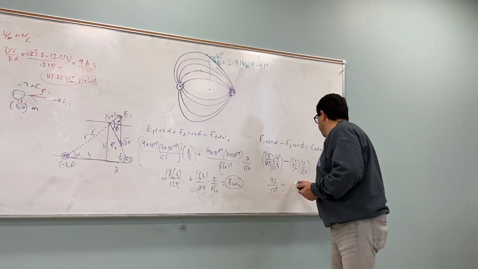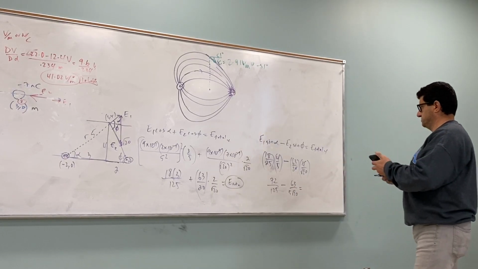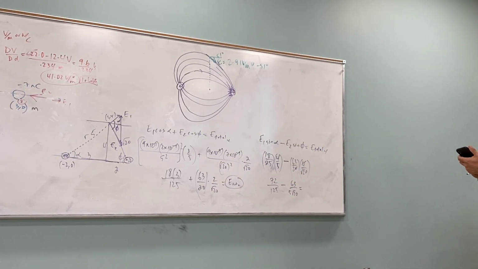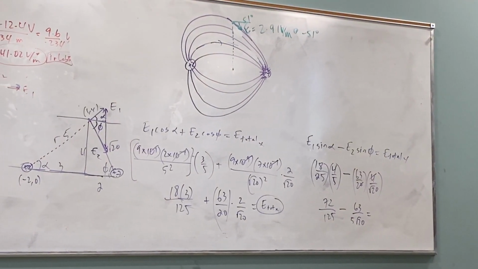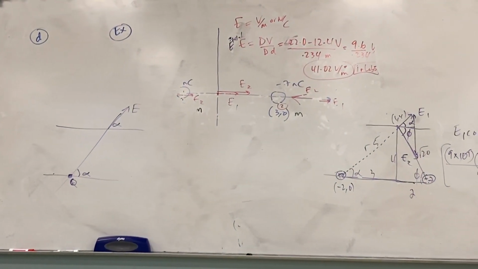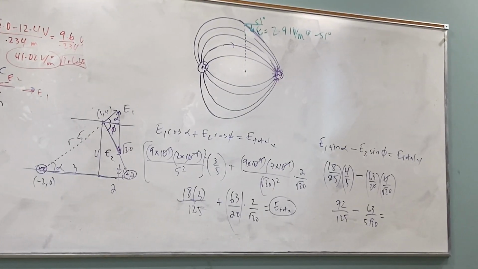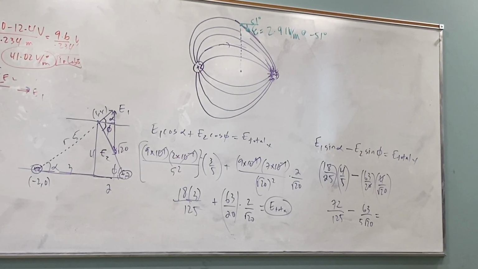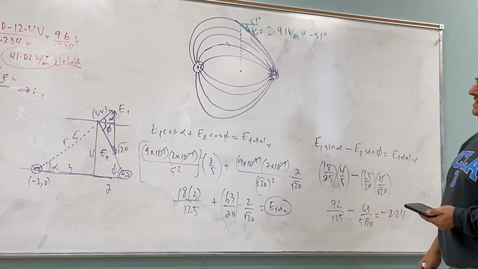minus 63 over 5 root 20. Negative 2.24. Makes sense, right?